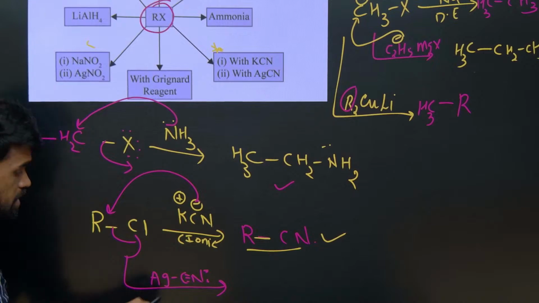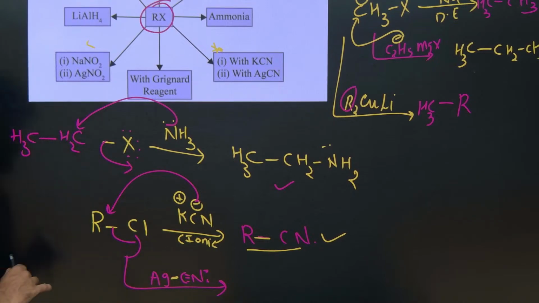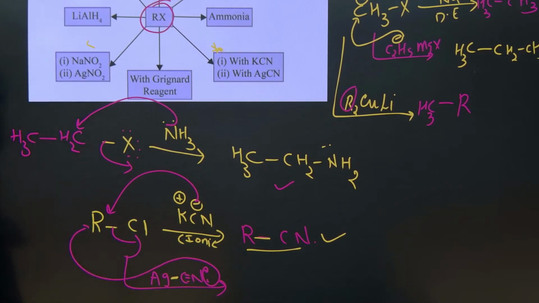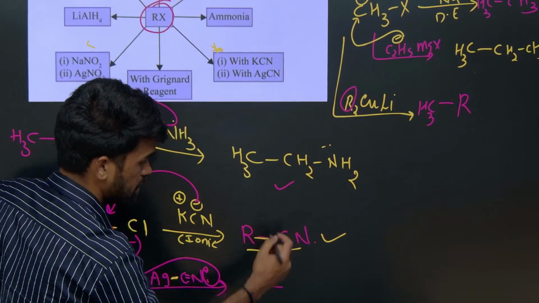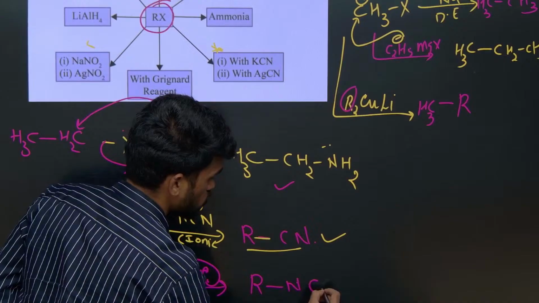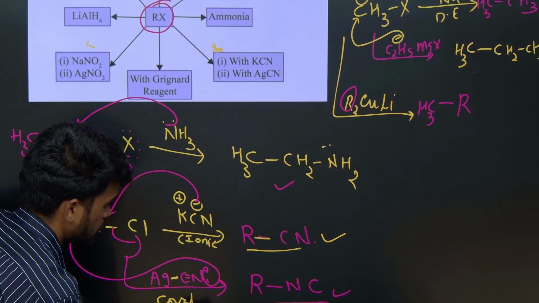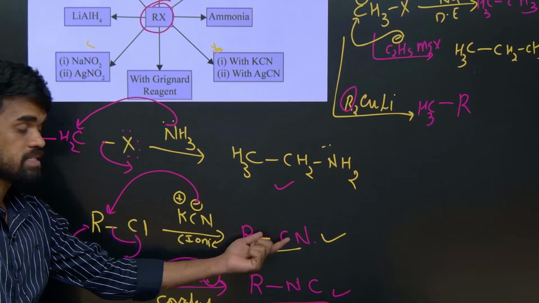But here, since it has covalent nature, this bond will not be cleaved easily. Therefore, these electrons are donated through the nitrogen atom, forming isocyanides. So here we get isocyanides as the product. When it is a covalent nucleophile, isocyanides are the products. When it is ionic, cyanides are the products.